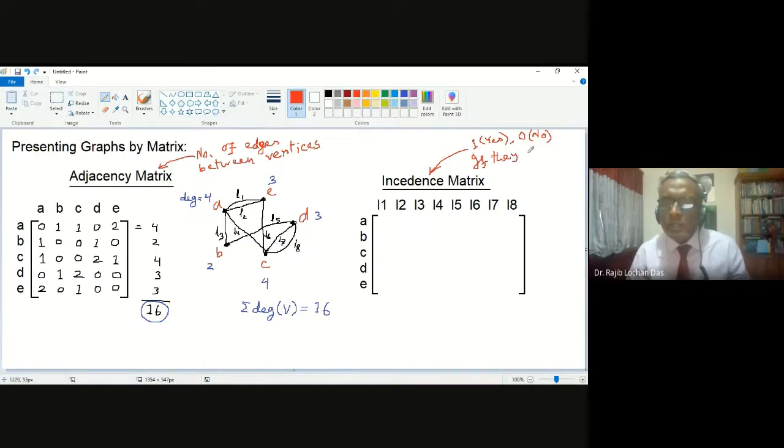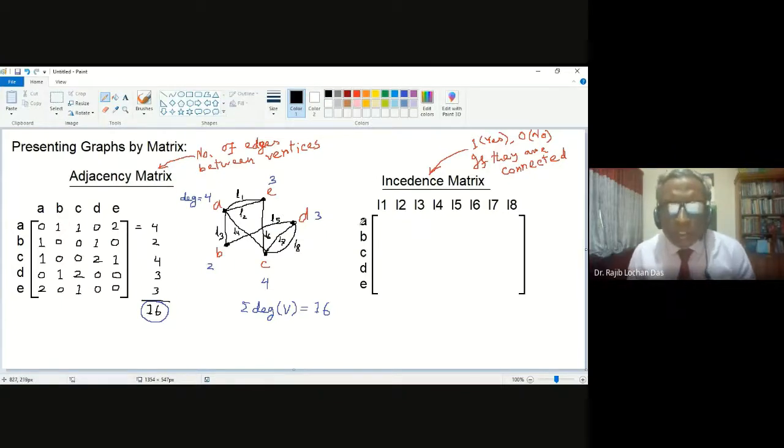So you will take the vertex and the edge. If you see that the vertex is connected with that edge, you will write yes.